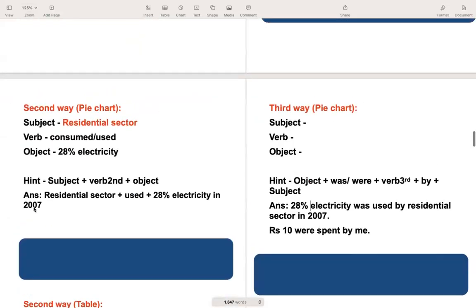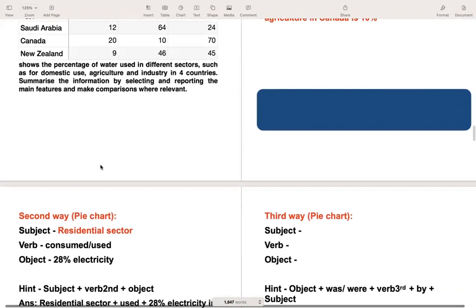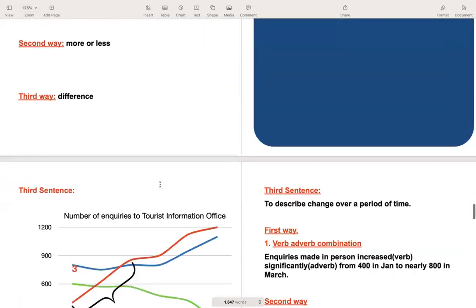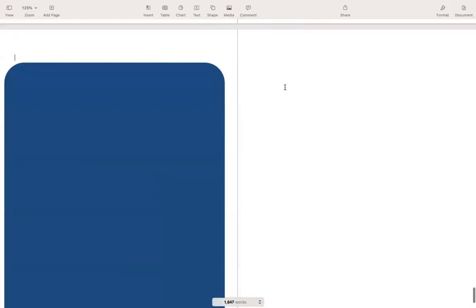Okay, let's look at the last graph table. Okay, I'll explain. Let's imagine the graph gives data about the number of people who spent money on computers, who spend money on laptops.